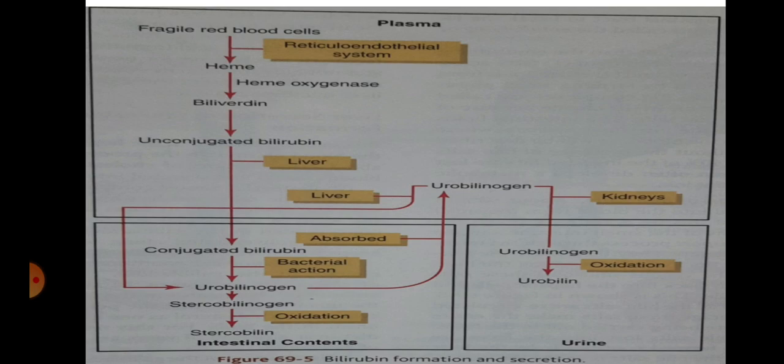Within hours, the unconjugated bilirubin is absorbed through the hepatic cell membrane. In passing to the inside of the liver cells, it is released from the plasma albumin.